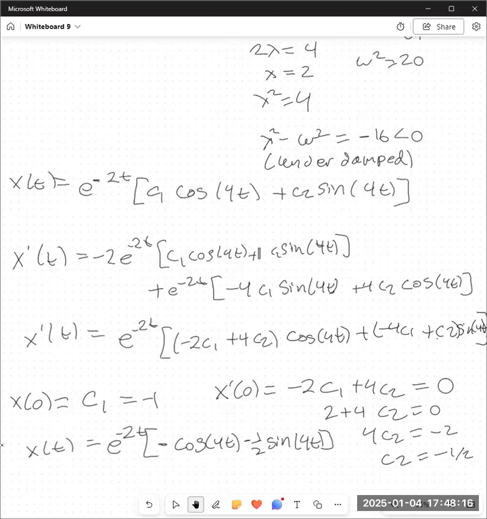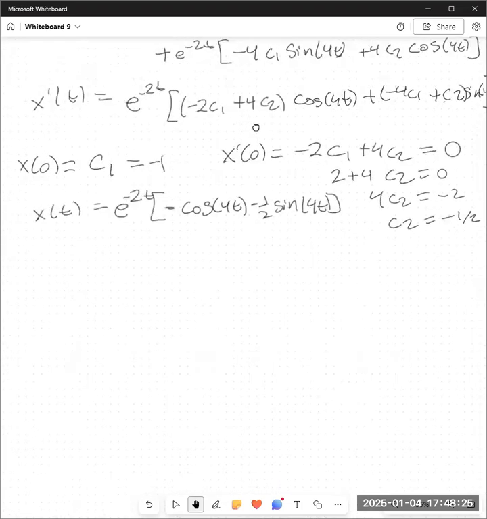Part B says express the equation of motion in the form of, and they give you a form here. Let me go ahead and write that out.